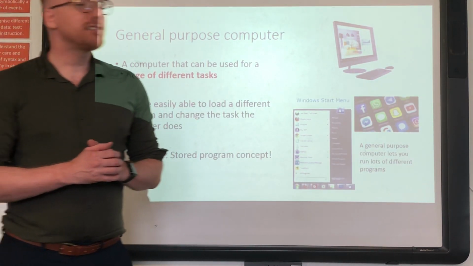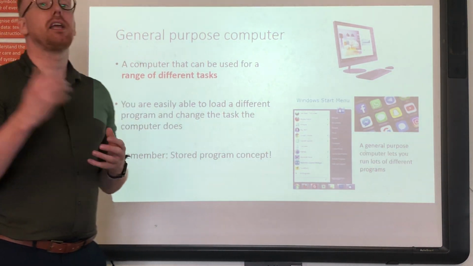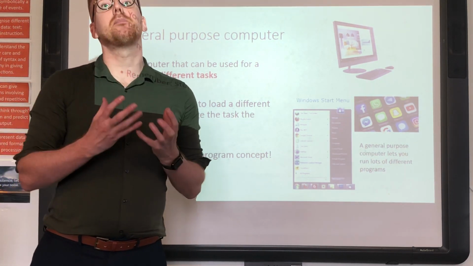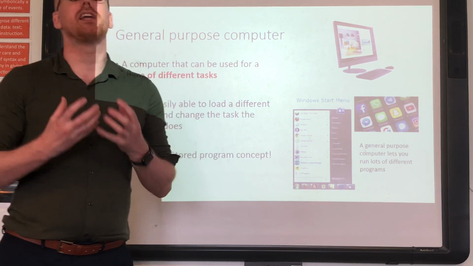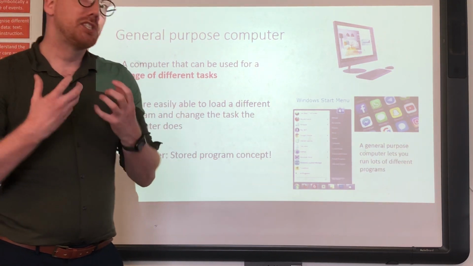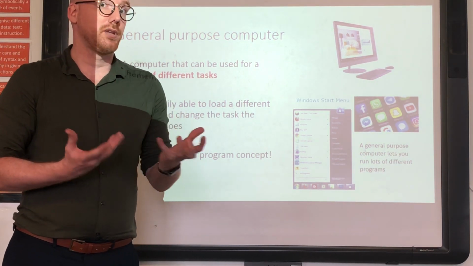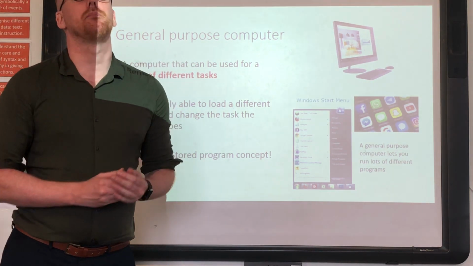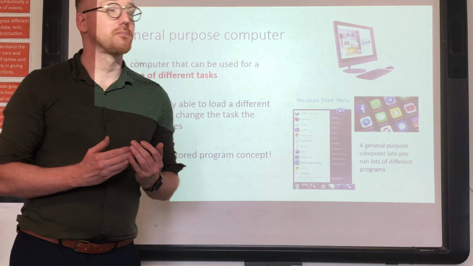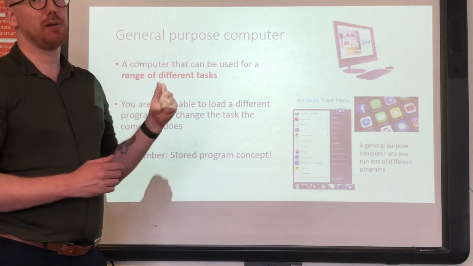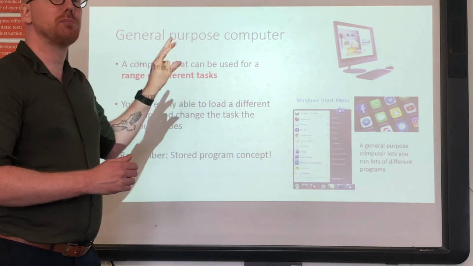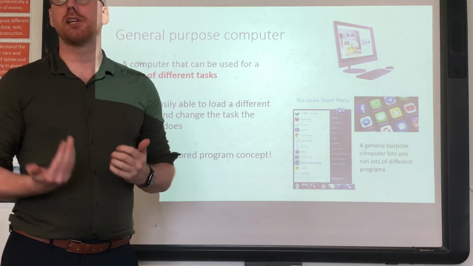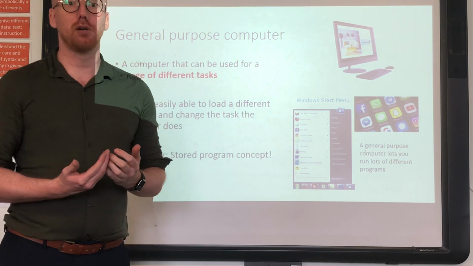So, let's define first of all what we mean by a general purpose computer system. General purpose simply means that we can use it for a range of different tasks. So a general purpose system would be something like a desktop computer or a laptop. Even a tablet computer is general purpose. All of these things have the same thing in common. You can use them to complete a range of different tasks. You just load a different application, load a different program.